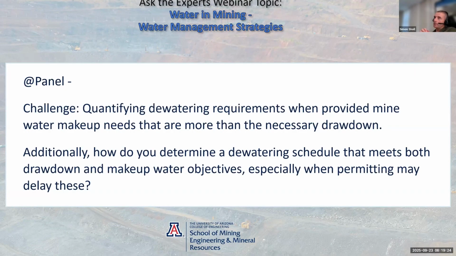So I think really what you need to be doing is understanding the limitations of both, to enable you to make informed decisions about where you might need those additional makeup requirements, be that you've got an excess of water in a rainy season and a deficit in dry season, so some sort of medium-term storage solution somewhere on site, or be it a life of mine concept where you may have many different phases of mining and therefore need different dewatering requirements throughout that period, some periods of high dewatering activity and some periods of low.